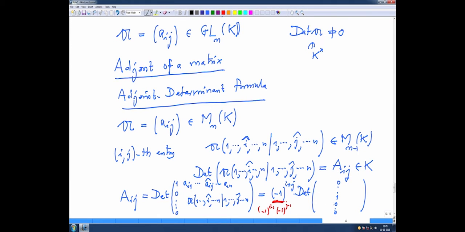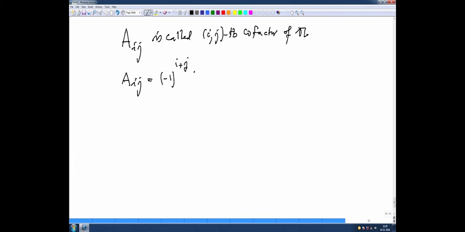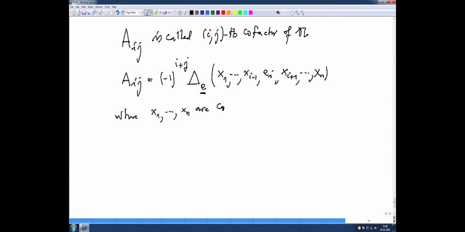What are the columns? Columns are the original columns of A and only this column is changed. So that is delta, the standard determinant function, of x1 to xi minus 1, and here it is ei, next is xi plus 1 to xn, where x1 to xn are columns of A.